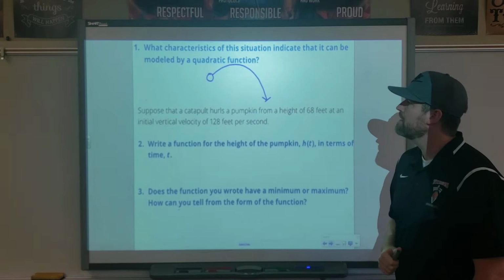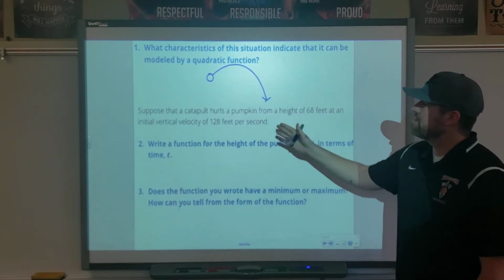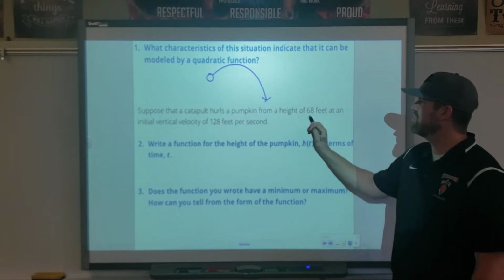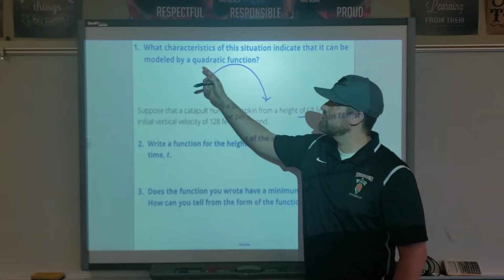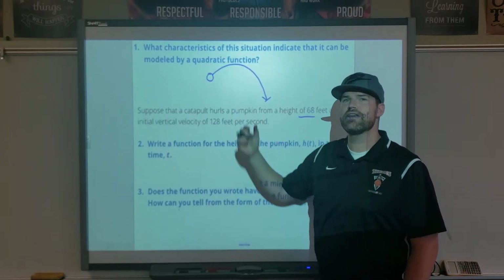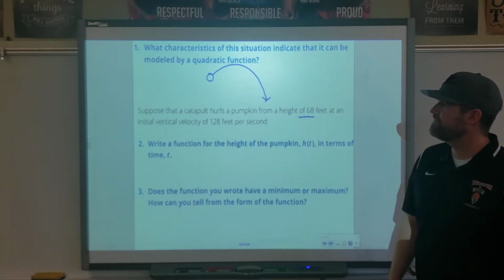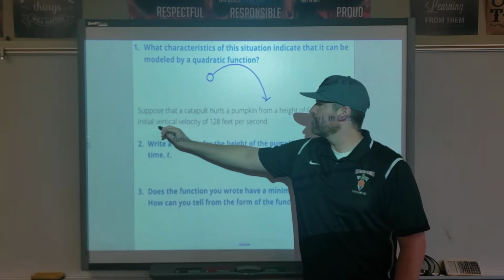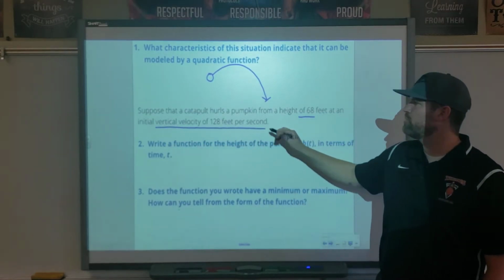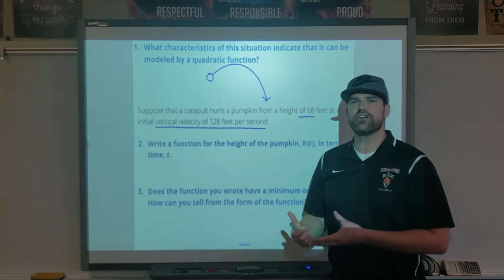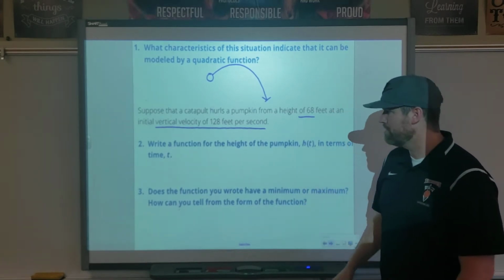It's pretty cool. So if we suppose that a catapult hurls a pumpkin from a height of 68 feet, right? They had the machine, but it actually let go 68 feet above ground. And at that point, 68 feet above ground, the vertical velocity was 128 feet per second. Could we now take this information and plug it into a vertical motion model?